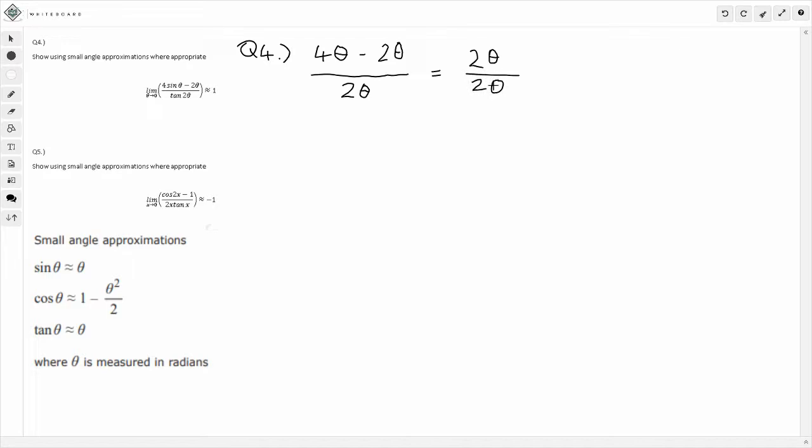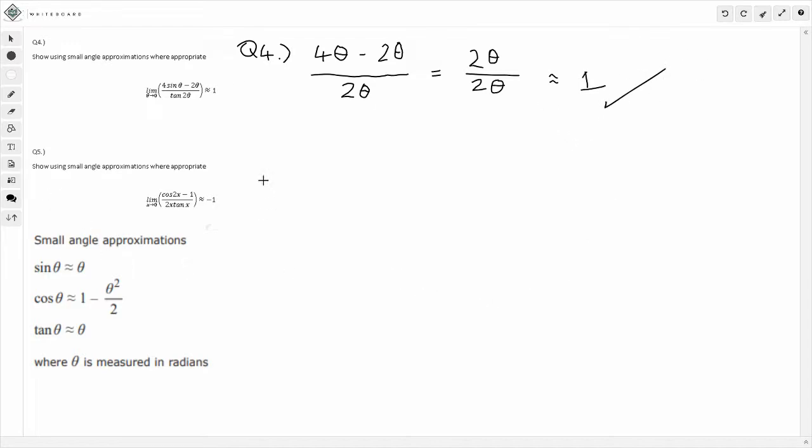Nice and easy. 2 theta divided by 2 theta. I should be using approximate symbols here when I'm using the small angle approximations. So 2 theta divided by 2 theta is approximately 1. And there we go, using the approximations where appropriate, we've deduced that this is 1.